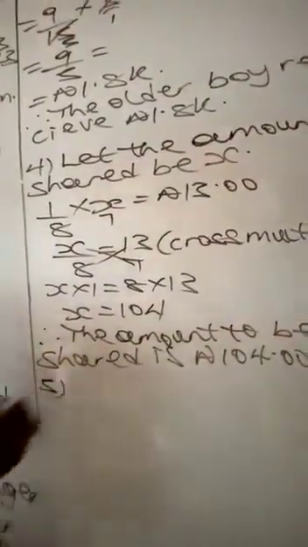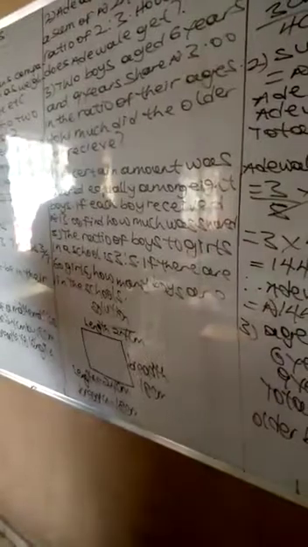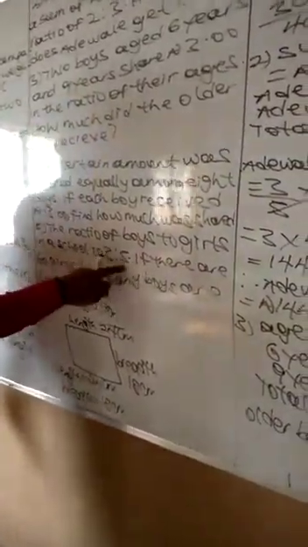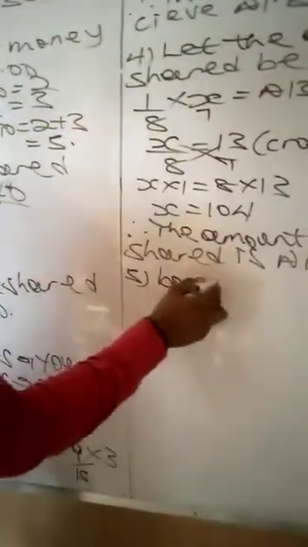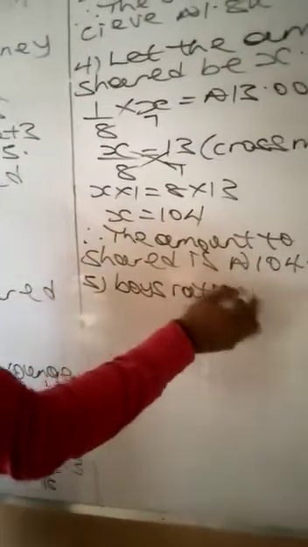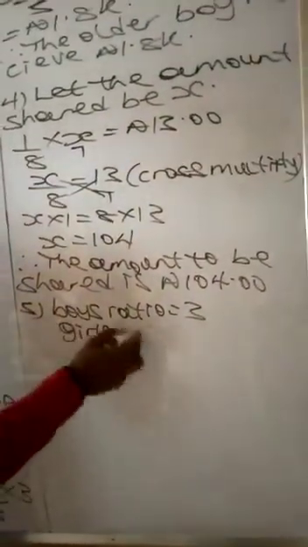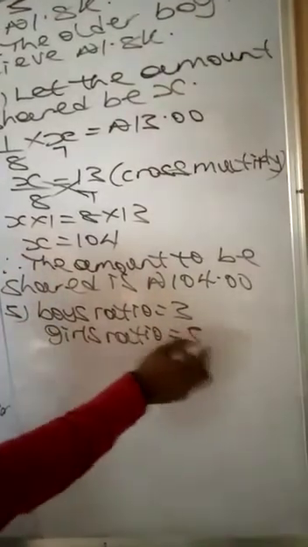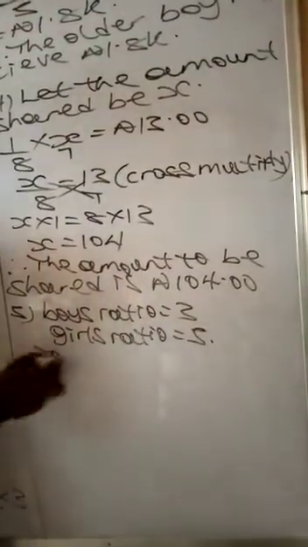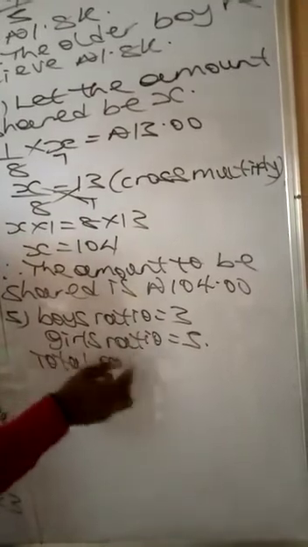We're taking question number 5. In question number 5, we are told that the ratio of boys to girls in a school is 3:5. That simply means the boys' ratio is 3, and the girls' ratio is 5. Then the next will be the total ratio.